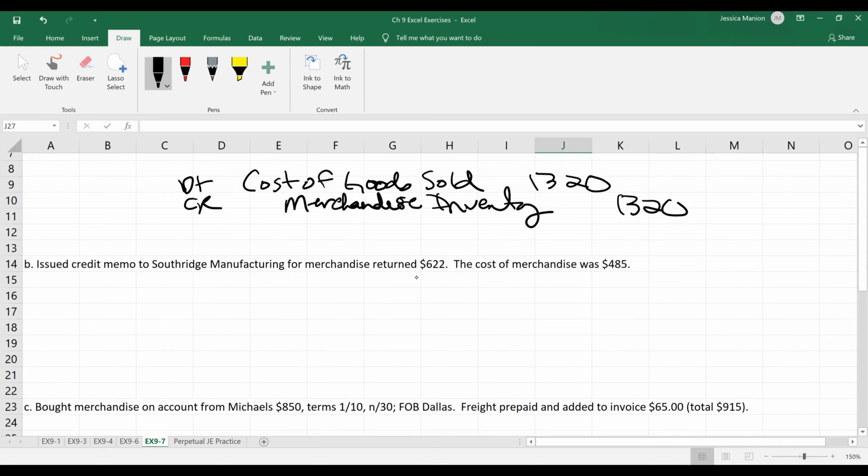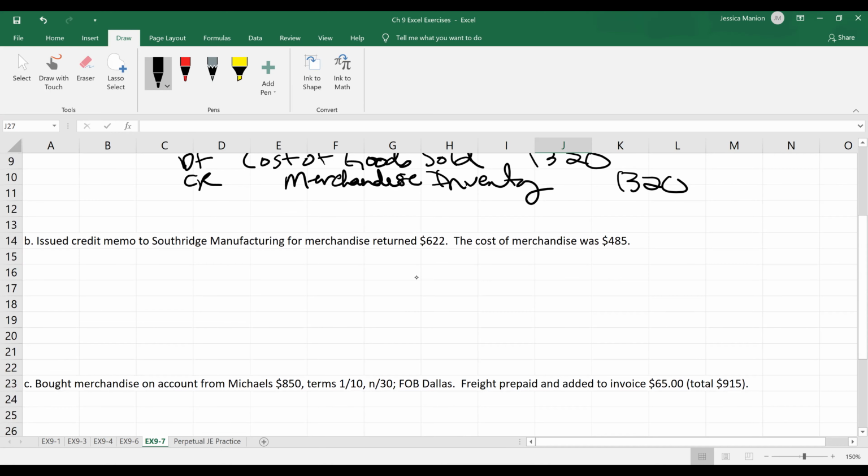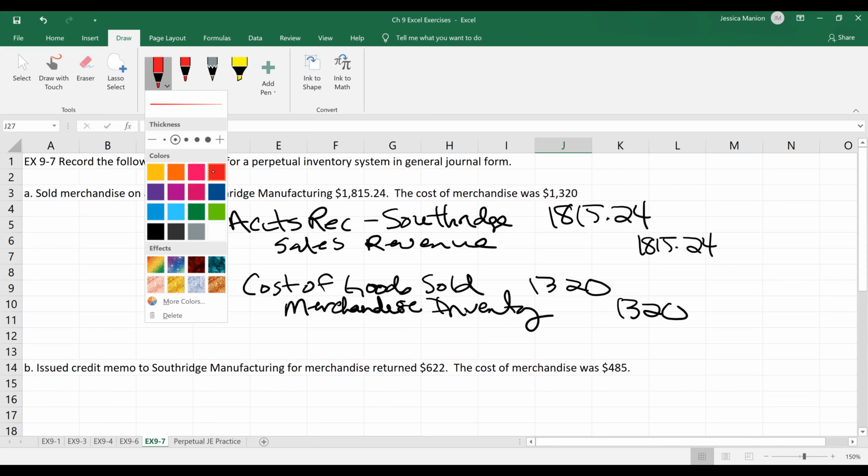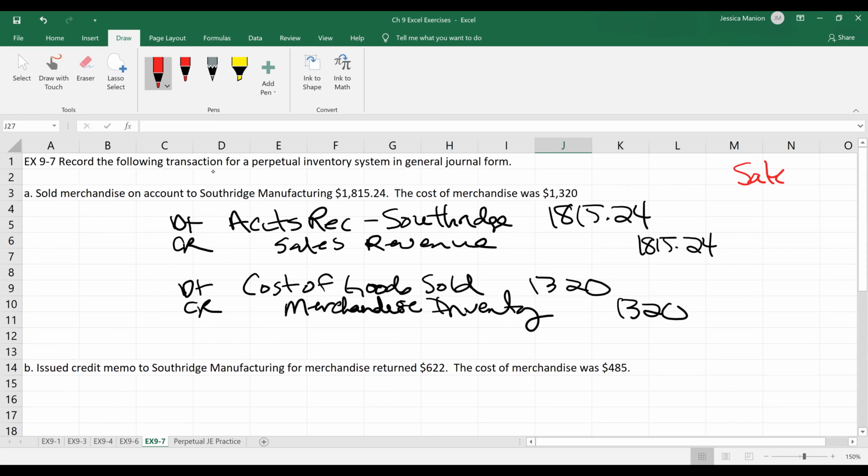All right. And remember, I did mention in the PowerPoint, thinking about gross profit, remember the formula for gross profit is sales minus cost of goods sold equals gross profit.